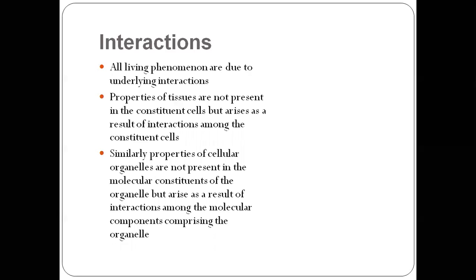Fantastic property. All the tissues which we have have mutual interaction with each other. Similarly, the properties of a cellular organelle are not present in the molecular constituents of the organelle, but arise as a result of interaction among molecular components. That means there are carbohydrates, proteins, and lipids which bring about that interaction.